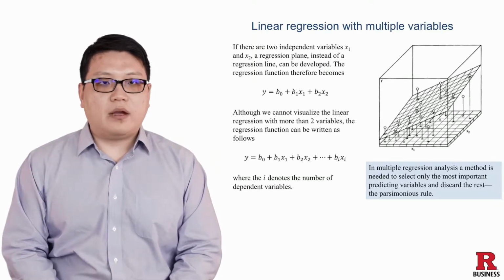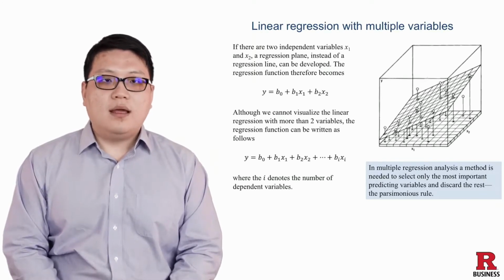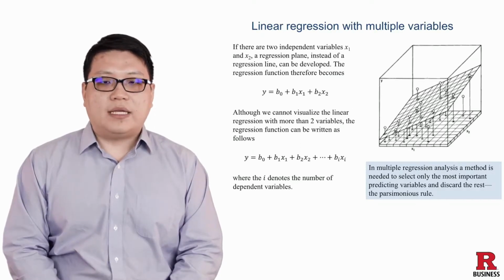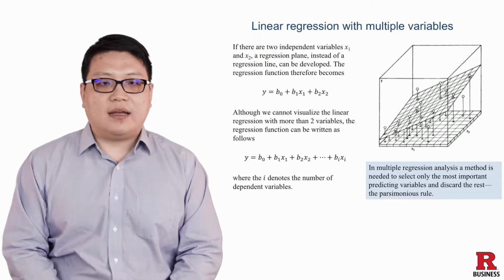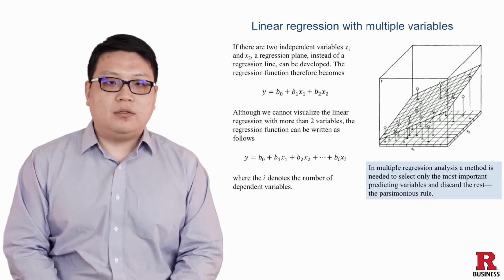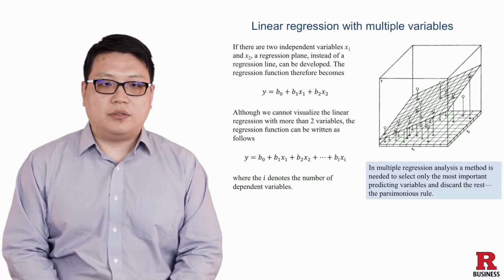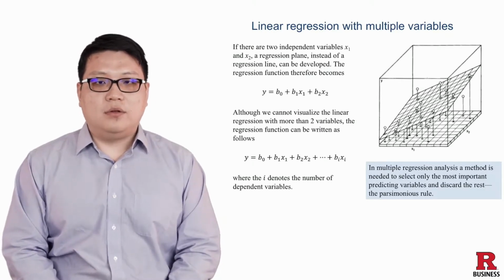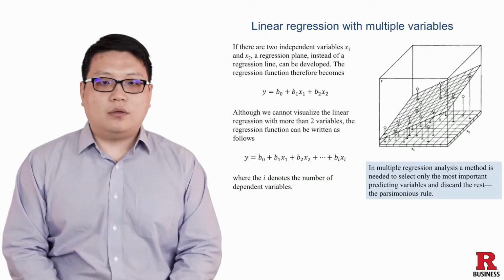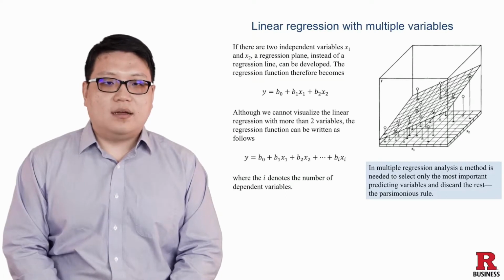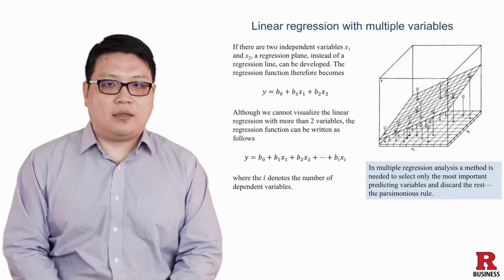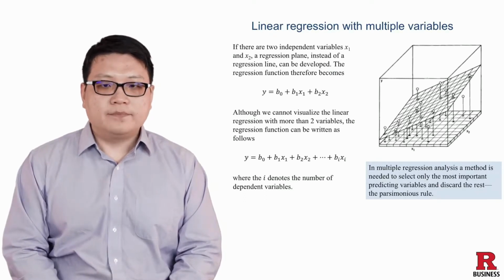So for example, if there are two independent variables, x1 and x2, what we calculate here will be a regression plane, and we can develop that by adding another slope, like b2, to the second independent variable, x2. And we can even extend this model into multiple variables, although we cannot visualize that. As long as we add a slope for the x, we can extend that to incorporate multiple variables.